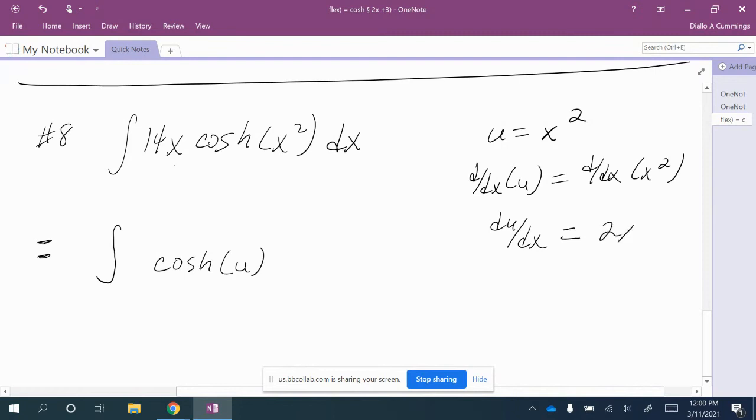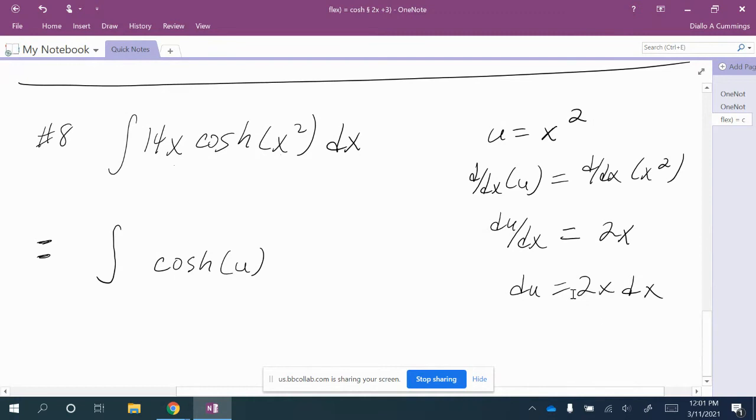On the right-hand side, I have 2x. I'm going to multiply both sides by dx. And I'm running into a slight problem. Here I have a 14x dx. And here I have a 2x dx.